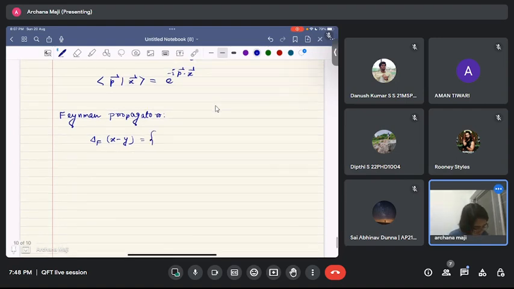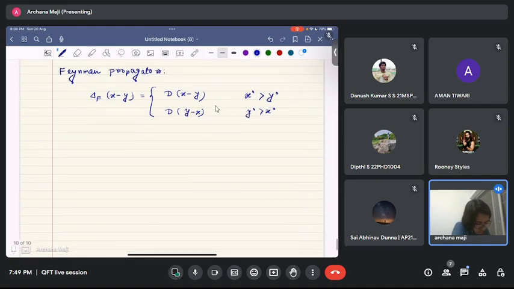So this is D of x minus y, which we have already shown, when x0 is greater than y0, and D of y minus x when y0 is greater than x0. This is nothing but the expectation value of the time-ordered product of phi x, phi y.